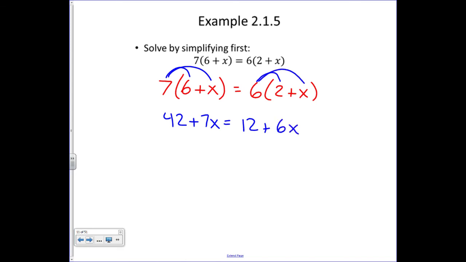And so now we want to move numbers to one side and x's to the other. So from here, we can subtract 6x from both sides. We now get 42 plus 7x minus 6x is just 1x, equals 12. 6x minus 6x is just 0.